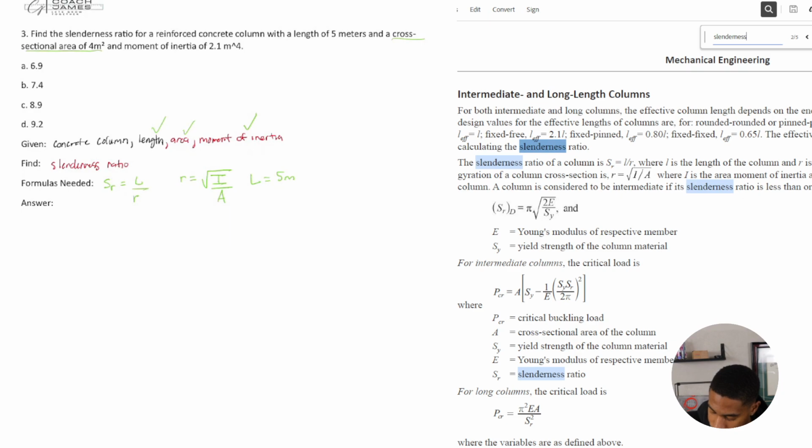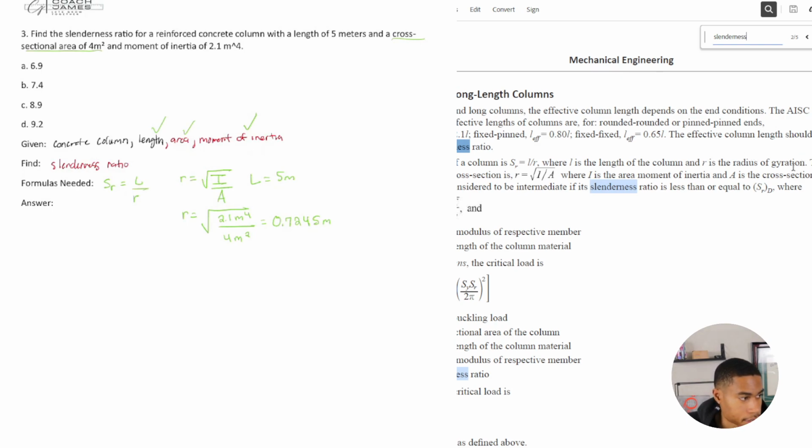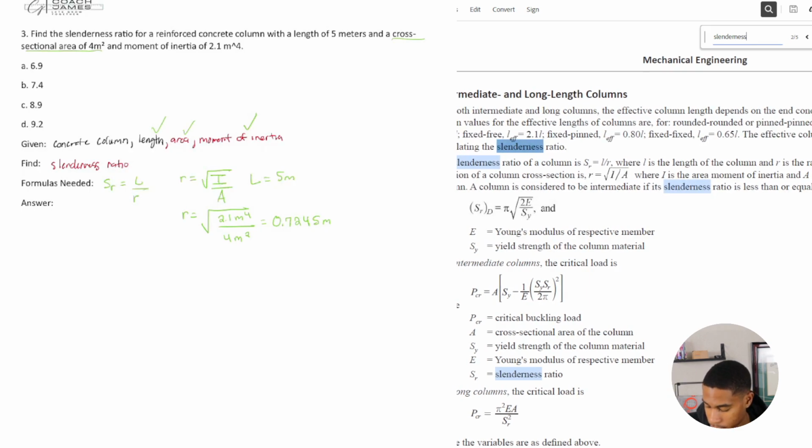All right, let's solve for R. R is equal to the square root of 2.1 meters to the fourth over 4 meters squared, which is equal to 0.7245 meters. So the radius of gyration of the column cross section is going to be 0.7245 meters.